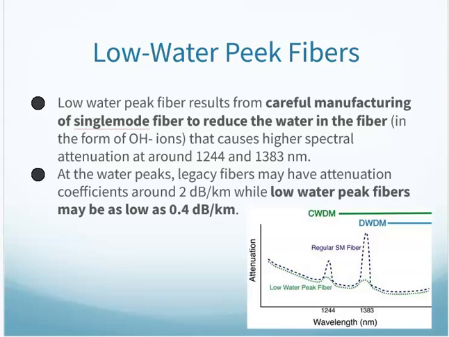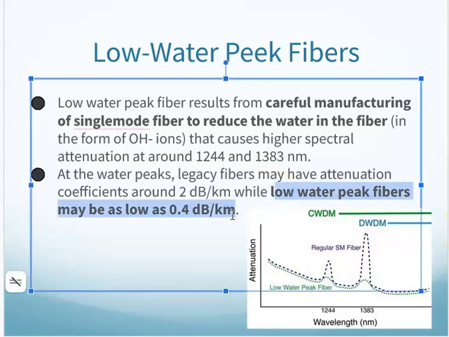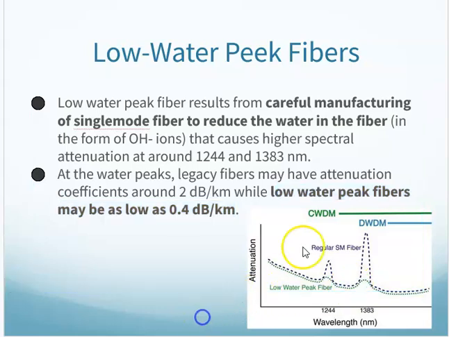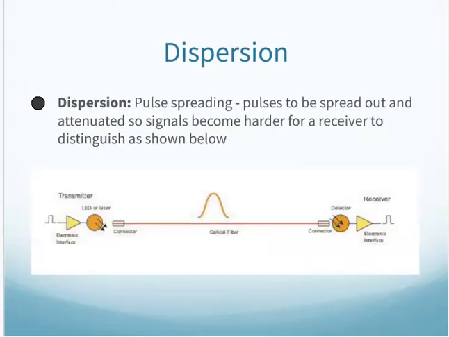So our low water peak fibers can have a dramatically less reduction in attenuation because of the high caution in the production of the glass fiber, reducing that down to almost nil loss, if you will. So those can be used for your wavelength division multiplexing, the coarse and dense wavelength division multiplexing.